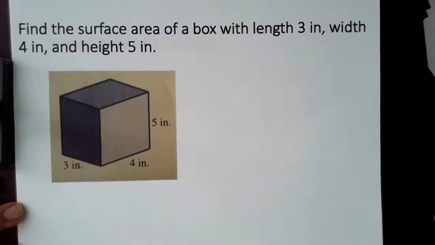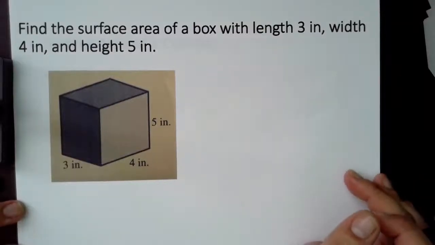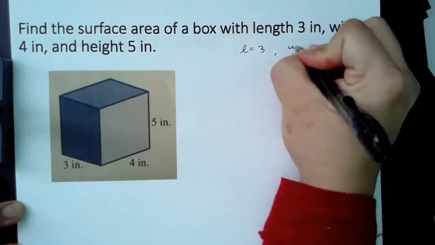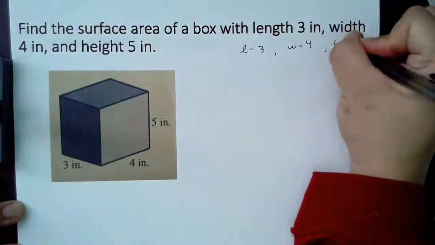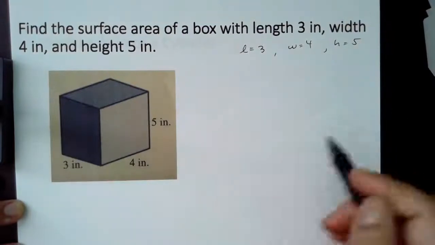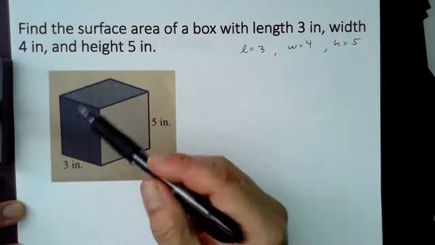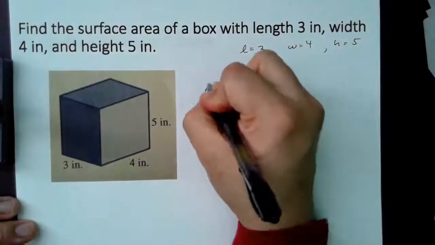So let's go ahead and do one. Find the surface area of a box with length 3 inches, width 4, and height 5. We can go through the whole thing where we take the area of each side and then add them all together, or we can just use the formula.